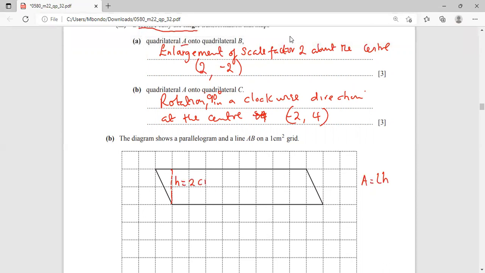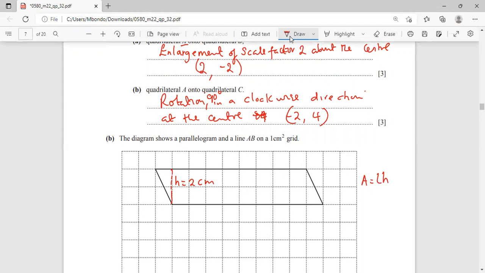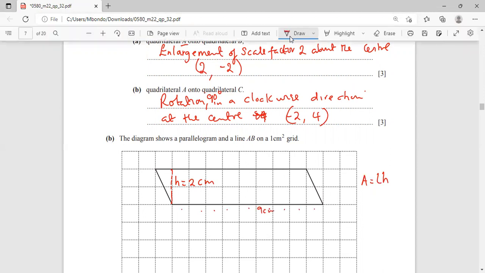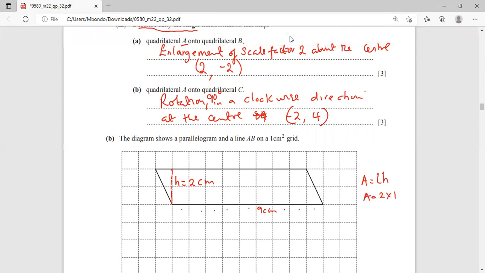It's 2 centimeters. What about this one? It's 1, 2, 3, 4, 5, 6, 7, 8, 9. This is 9 centimeters. So here we're going to say area is equal to 2 multiplied by 9. It's going to give us 18 centimeter squared.